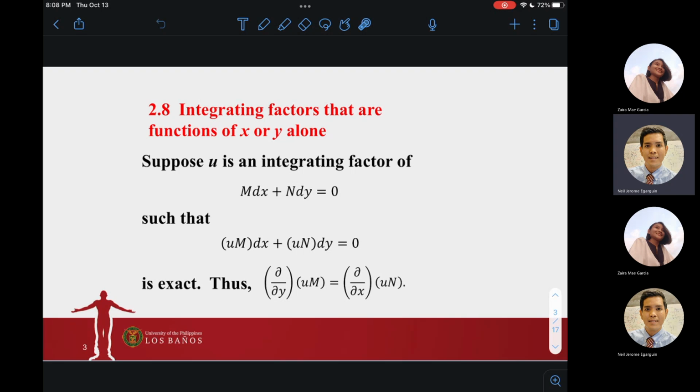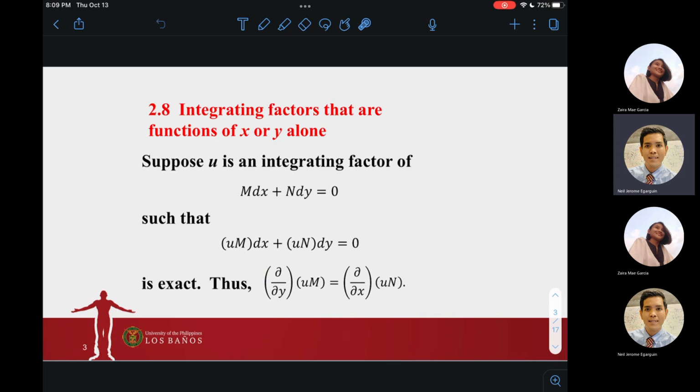Kapag ka yung partial nung multiplier kay dx with respect to y ay equal sa partial ng multiplier ni dy pero with respect to x, right? So that's why here to check pagiging exact, I want the partial derivative of uM with respect to y ay maging equal sa partial derivative ni uN with respect to x.